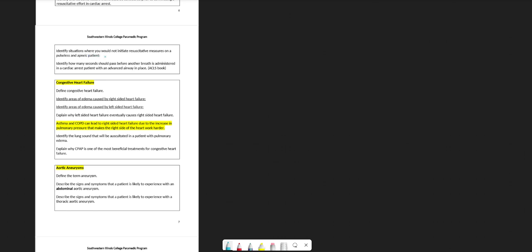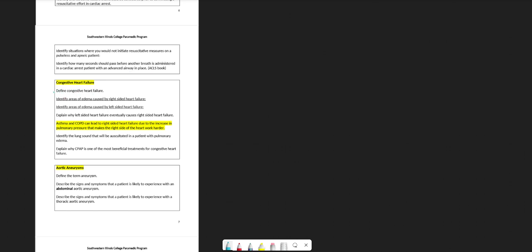So if you have a valid DNR signed in hand, you would not. Also, if they have some injury incompatible with life, or they're rigored, or they're decomposing. Identify how many seconds should pass before another breath is administered in a cardiac arrest patient with an advanced airway in place. So I believe with an advanced airway in place it is 6 seconds.